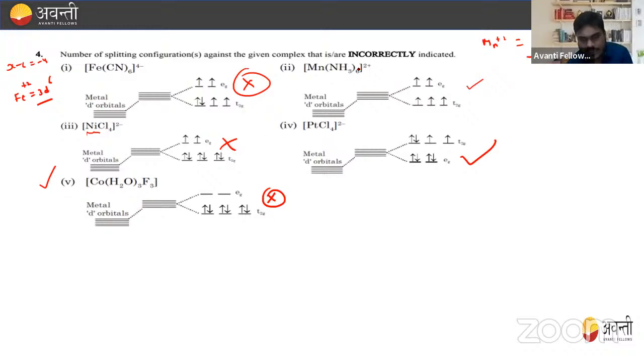And NH3 is considered to be a strong ligand. So this is also incorrect. So out of these, 1, 2, 3, and 4, four are incorrectly matched. So the number of splitting configurations against the given complexes that are incorrect is 4. Right? Only the fourth option is absolutely correct. Rest all the options are incorrect. So this is also a very easy question.